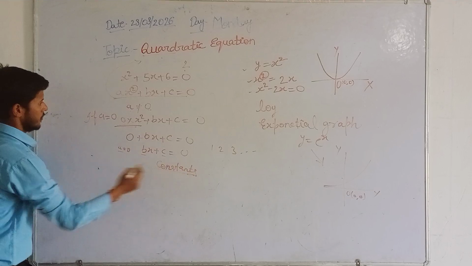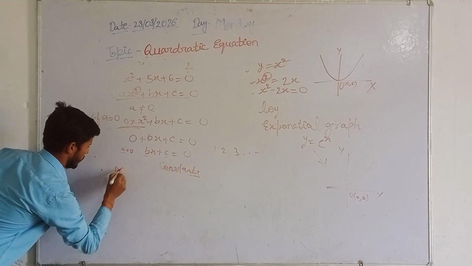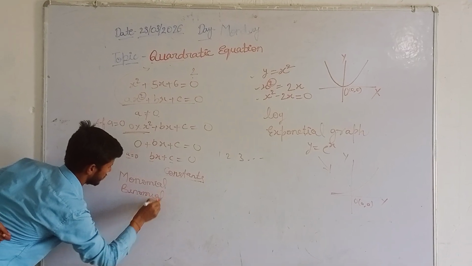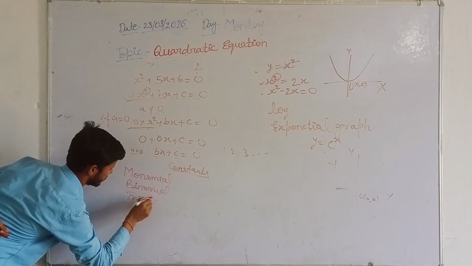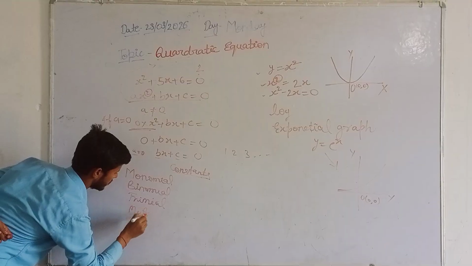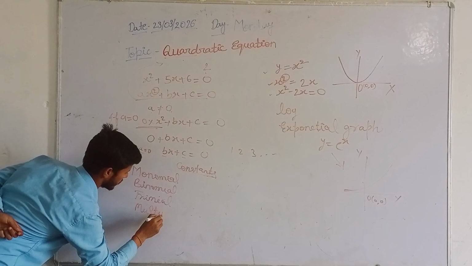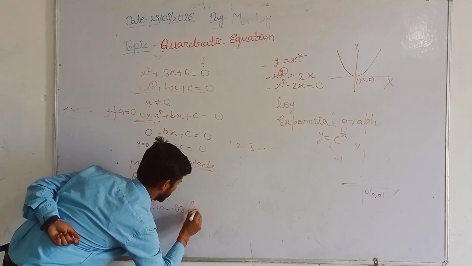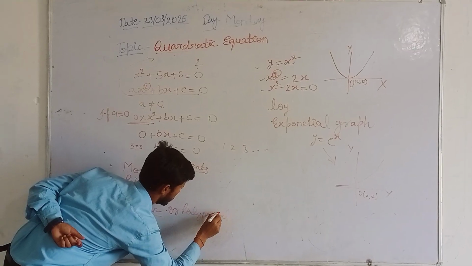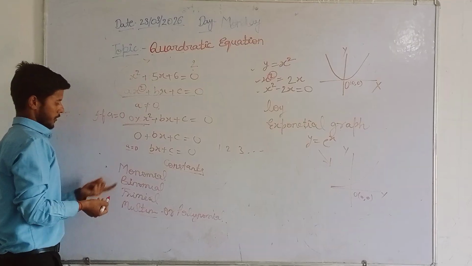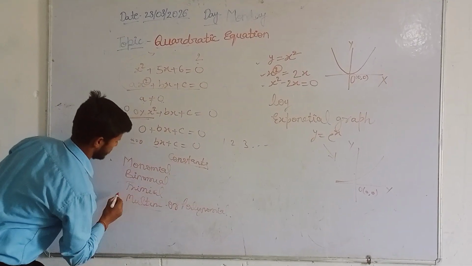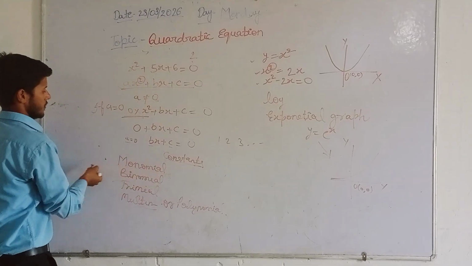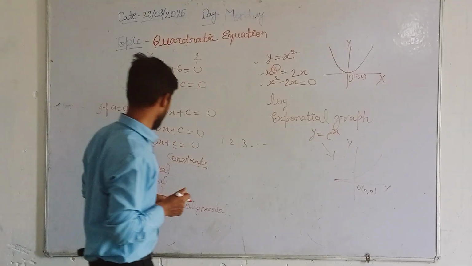Now there are many types, such as monomial, binomial, trinomial and multinomial, or it may be called polynomial. These terms define how many terms that expression consists of.